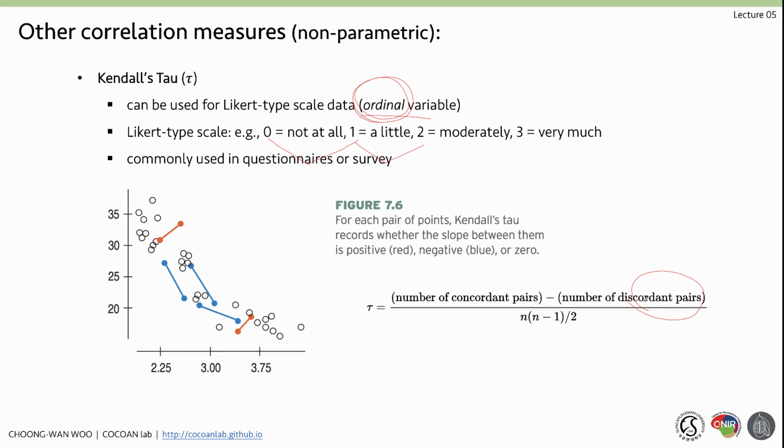Subtract the number of discordant pairs from the number of concordant pairs, and then divide this by all the possible pairs. It ranges from -1 to 1, because if all the pairs are discordant, it should be -1, and if all the pairs are concordant, it should be 1.